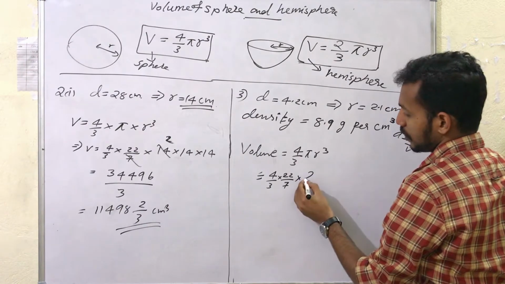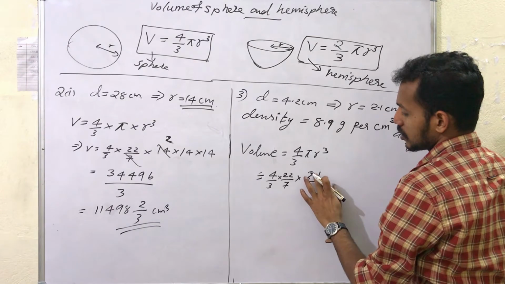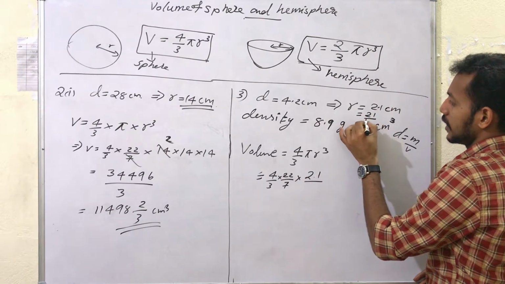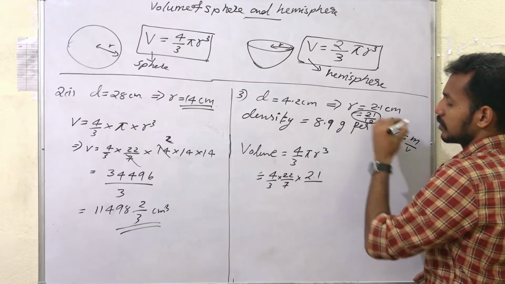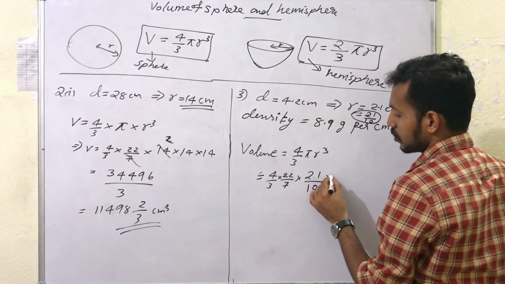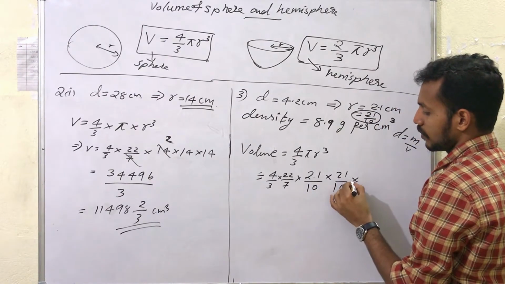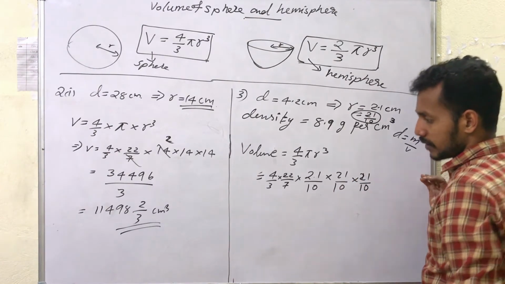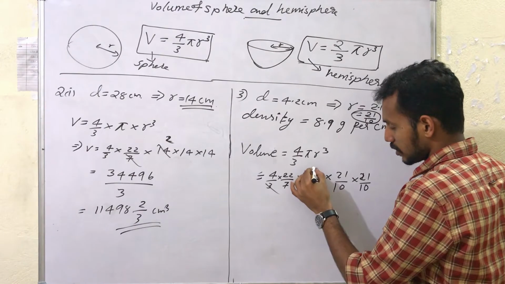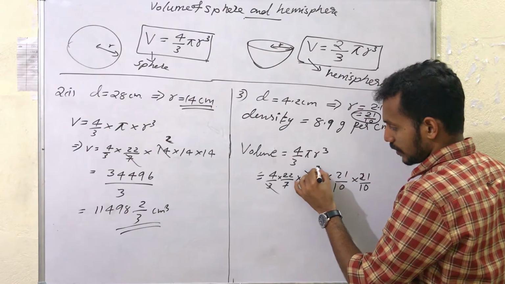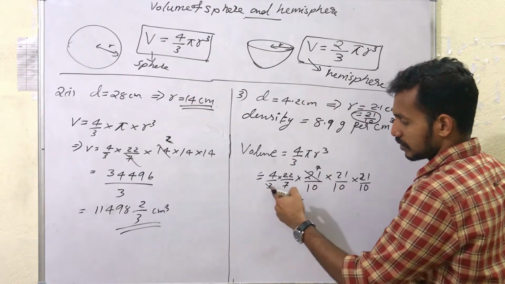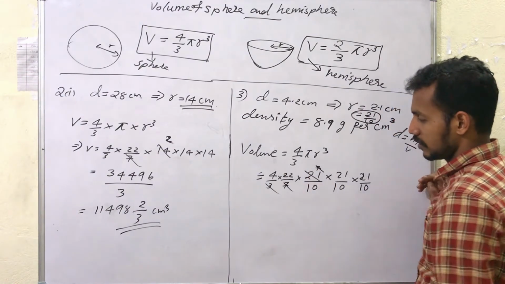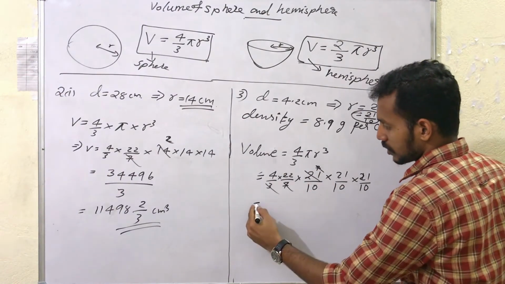Radius is 2.1, we can write as 21 by 10 centimeter, just write in the form of a fraction. Then just cancel it. 21 divided by 7 is 3. Again one more 7 cancels. That's all.